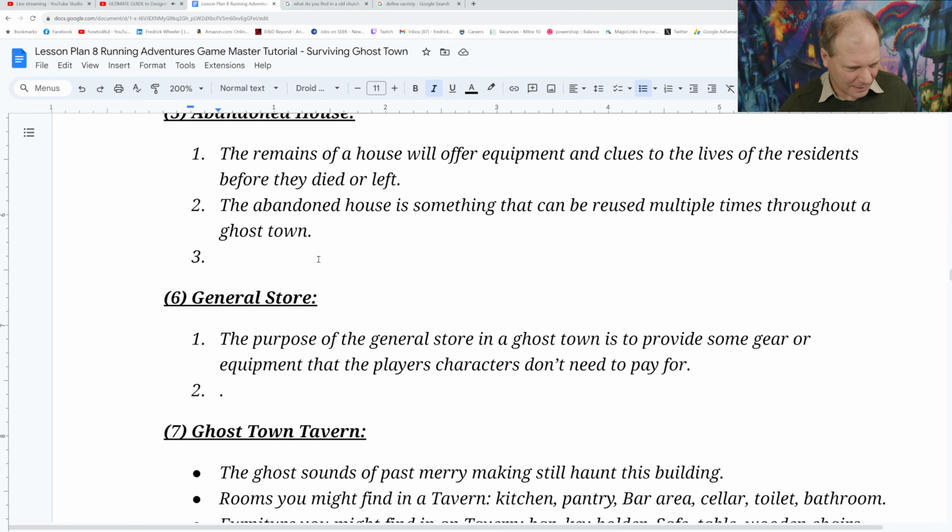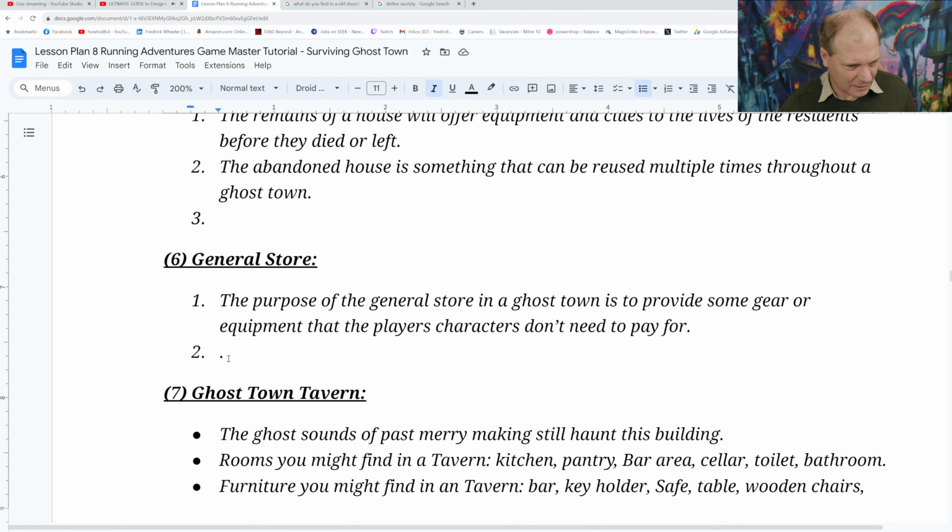So let us do the general store. Now the problem with the general store is we can't list all of it as stock, because a general store will have so many different types of stock in there, so we won't deal with the stock. Okay, we'll deal with the other things.